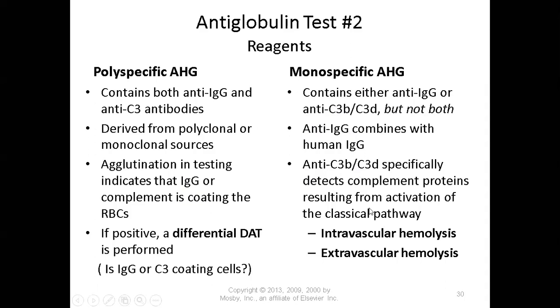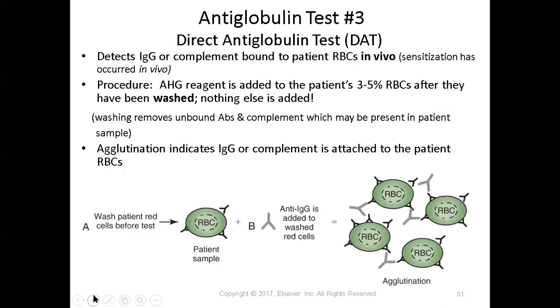And this can tell us whether intravascular hemolysis or extravascular hemolysis is happening. All right. So hopefully you're okay with that concept. Okay. So just remember, antiglobulin reagents are tools to help us determine when sensitization has occurred, and we may not be able to visualize it. So it just allows us to see it.